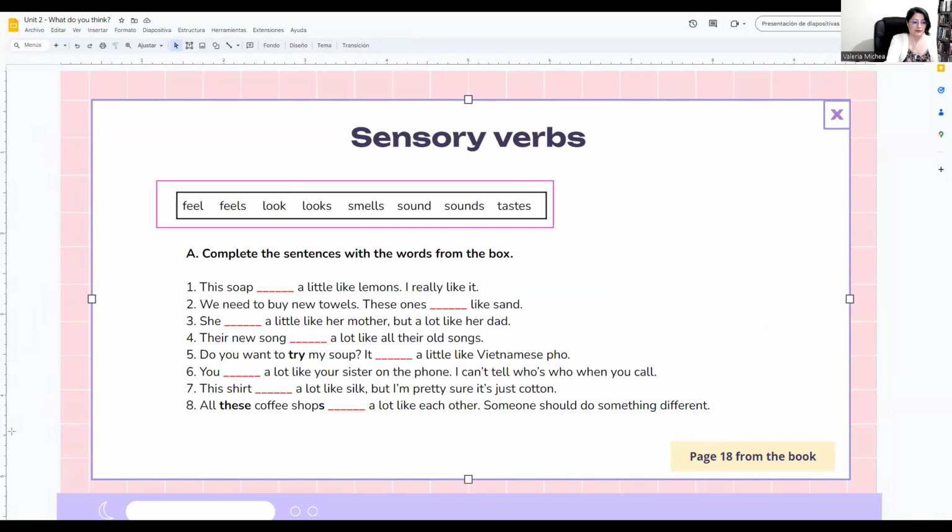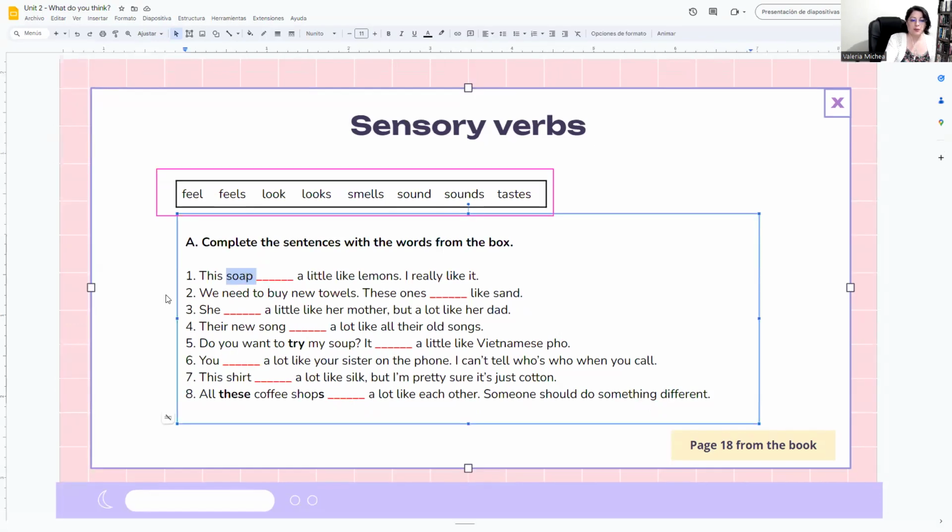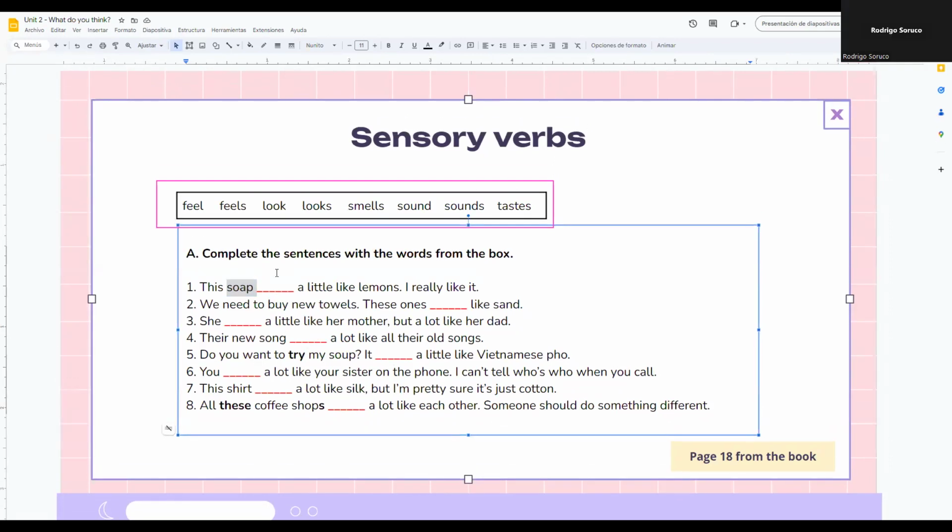So yeah, let's try. We have number one, this soap, a little like lemons. I really like it. So what could it be? We have a soap. What is a soap? Smells? Tastes? Okay.